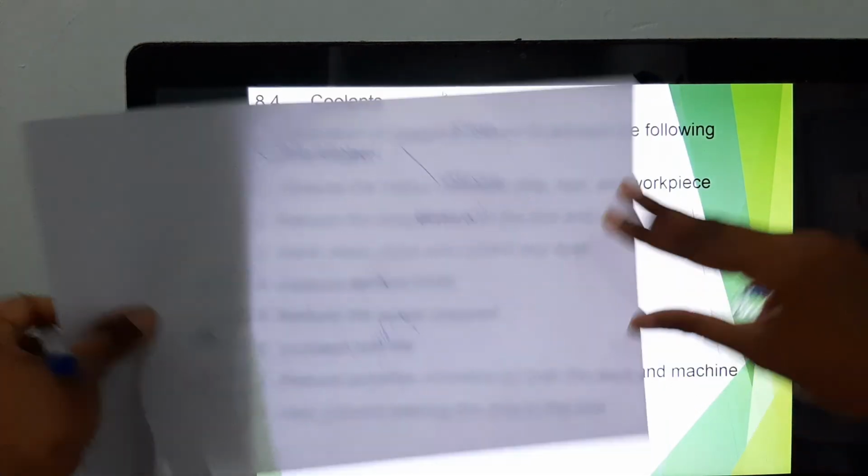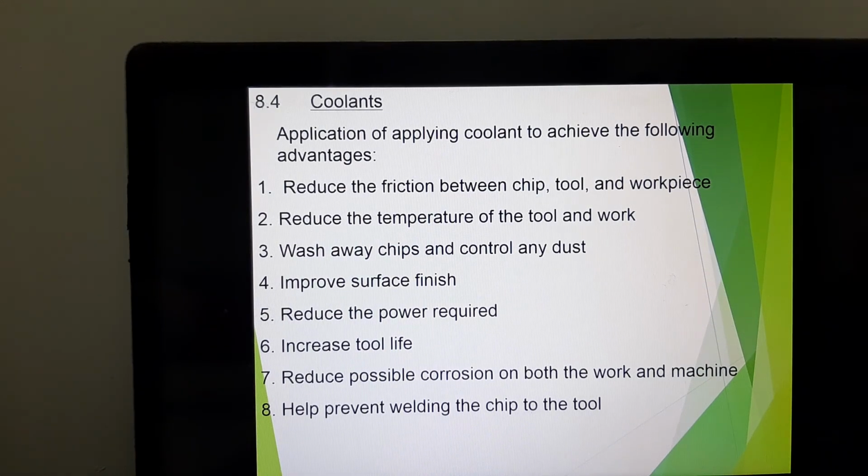Okay, so a chip breaker is necessary when you're dealing with an overly ductile material to make sure that your chip breaks as you cut. Otherwise, you would have a chip welded against the tool and tool damage.